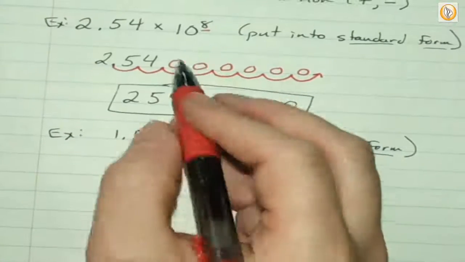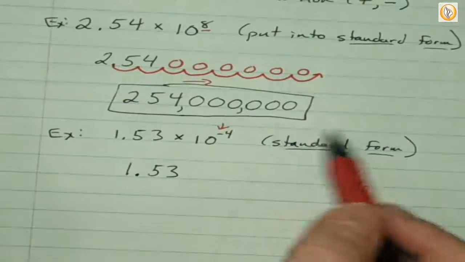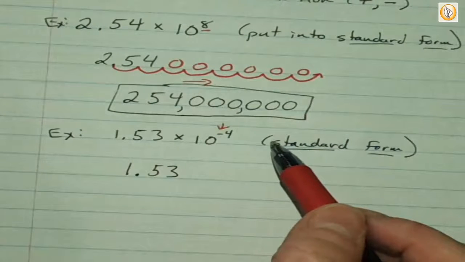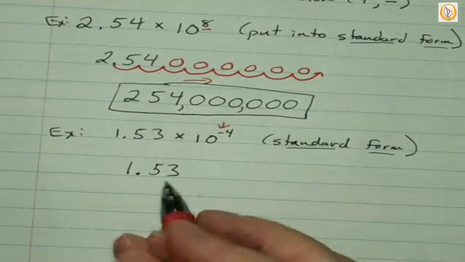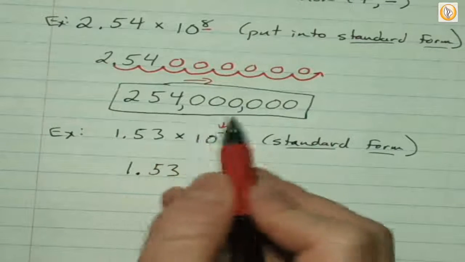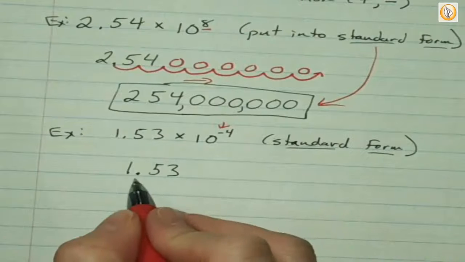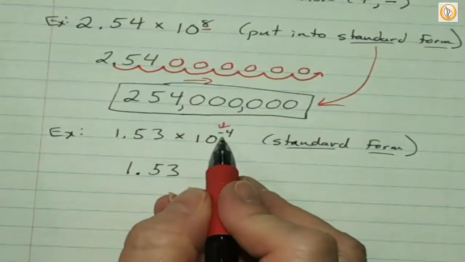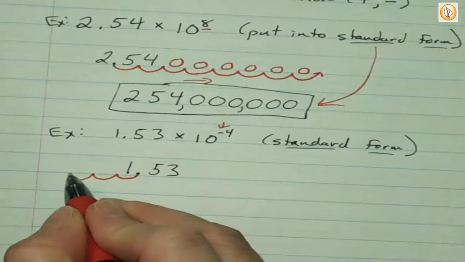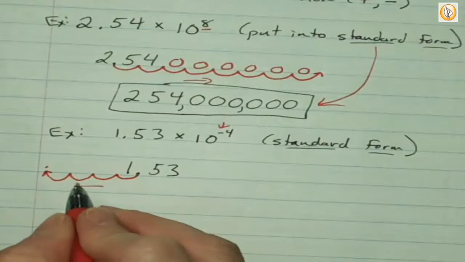Up here it's positive, so I'm moving it to the right. This time it's negative, and again that's taking it out of scientific notation. Standard form's about to look different here. So it's negative 4, so I'm going to move it 1, 2, 3, 4 places to the left.